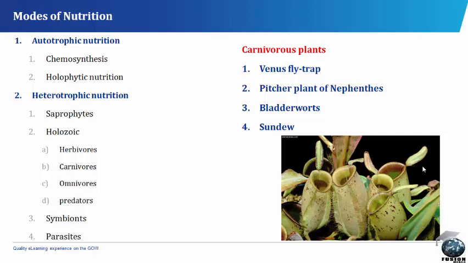Chemosynthesis and 2. Holophytic nutrition. For chemosynthesis, organisms obtain energy by oxidation of chemical substances. Examples are as follows. Sulfur bacteria oxidize sulfur to tetraoxosulfate(VI) acid, that is Thiobacillus thiooxidans.